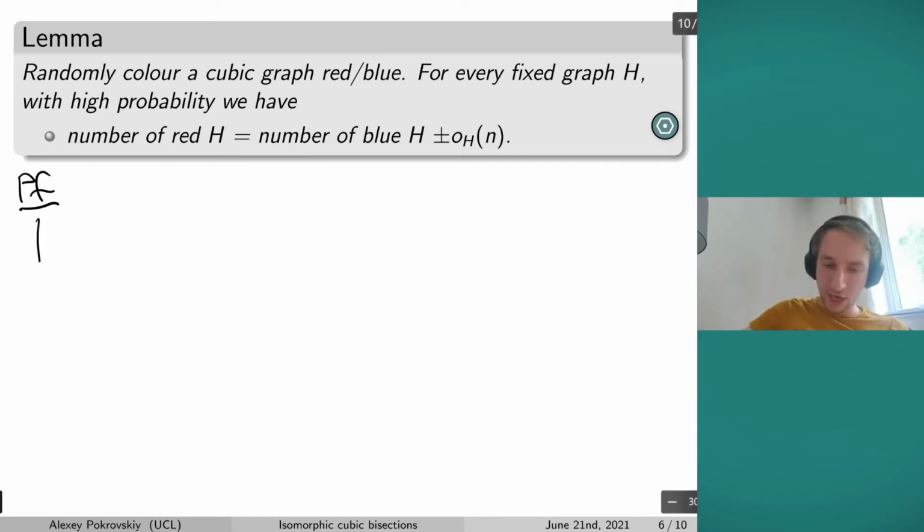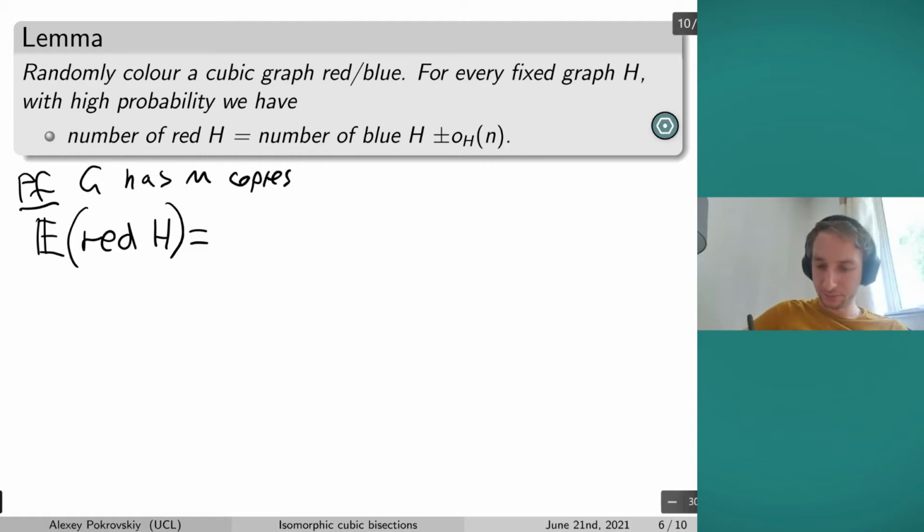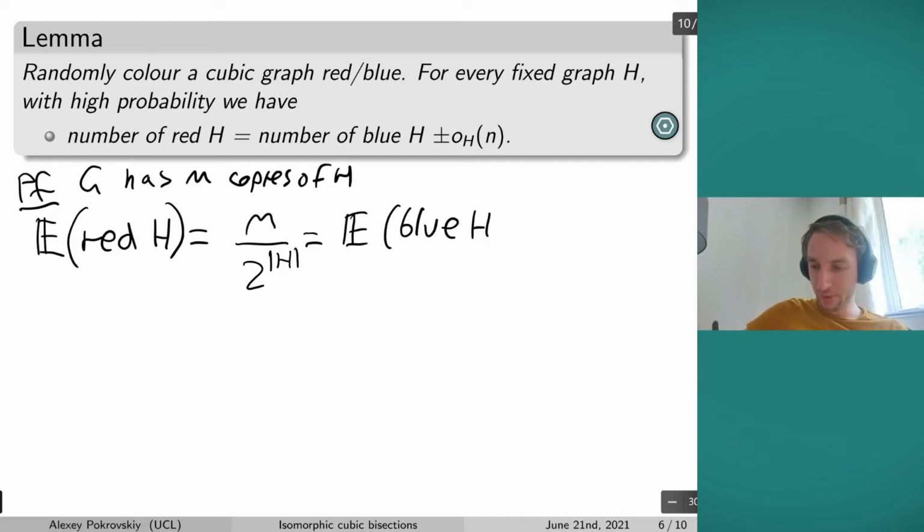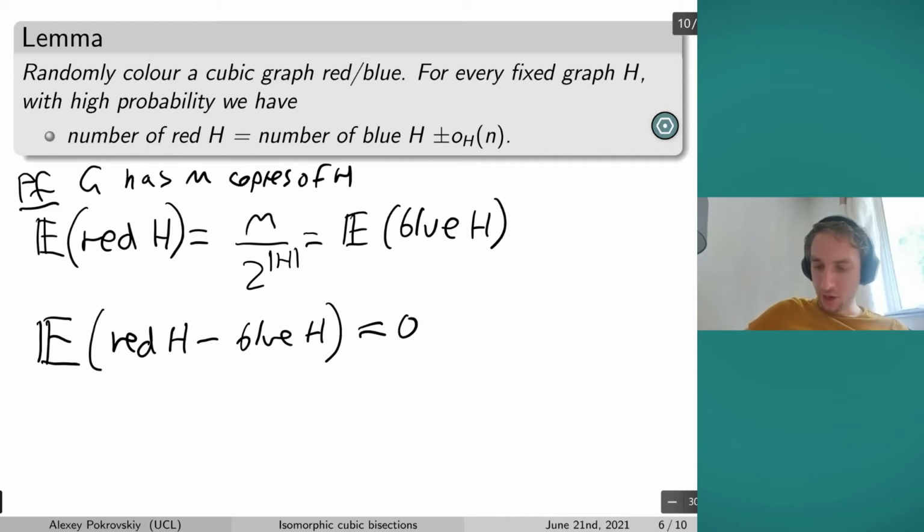if you want to count the expected number of red copies of a graph, then if the whole graph you're looking at has m copies of H, the expected number of red ones will be m divided by 2 to the number of vertices of H, which by symmetry is also equal to the expected number of blue copies of H. So the expected difference between these two quantities is 0, and this random variable is concentrated around its expectation.